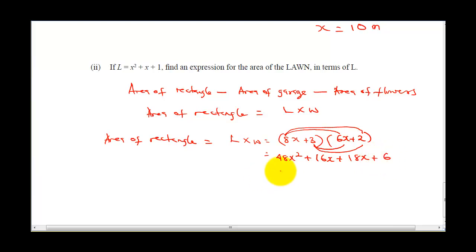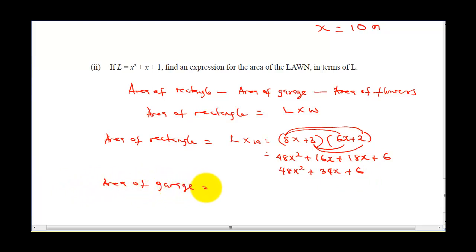So this is going to give us 48x squared plus 16x plus 18x, which is 34x, plus 6. So now let's get the area of the garage.